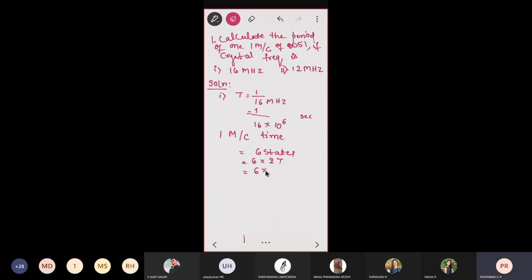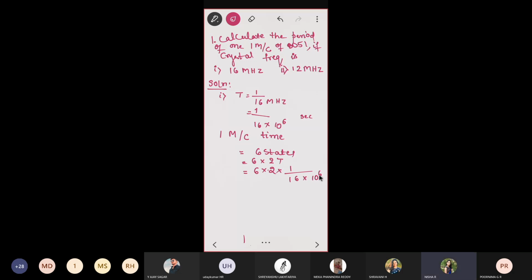So 6 into 2 into T, where T is 1 by 16 into 10 to the power of 6. Is it correct?